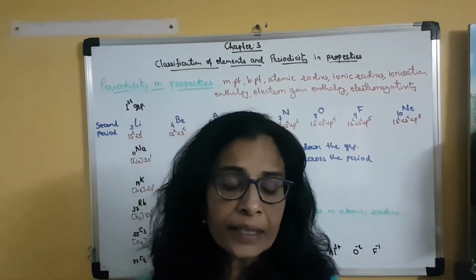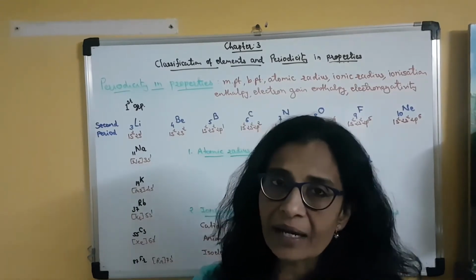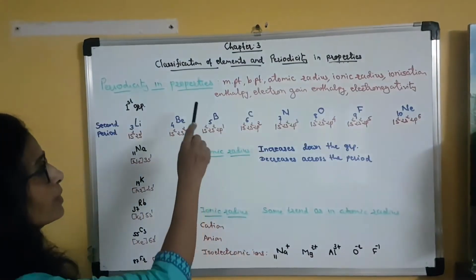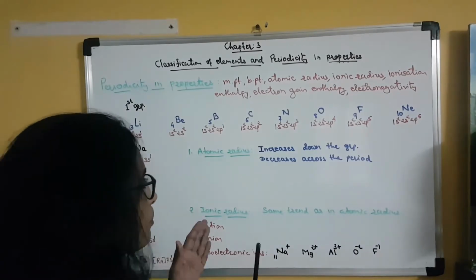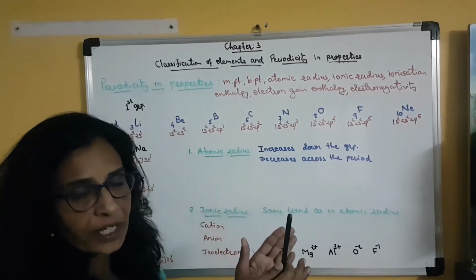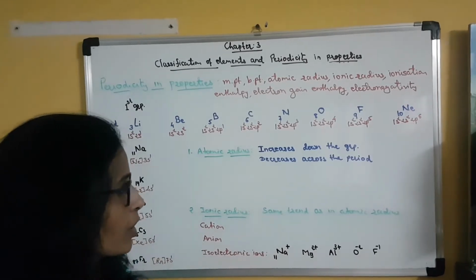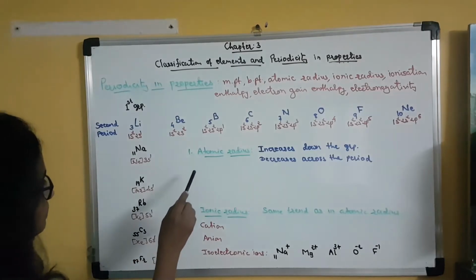The outermost electron configuration of an element decides its physical and chemical properties, and that is why we will discuss periodicity in properties on the basis of the number of electrons in the valence shell as well as the number of energy levels or valence shells. Clear? Okay, now let us begin.